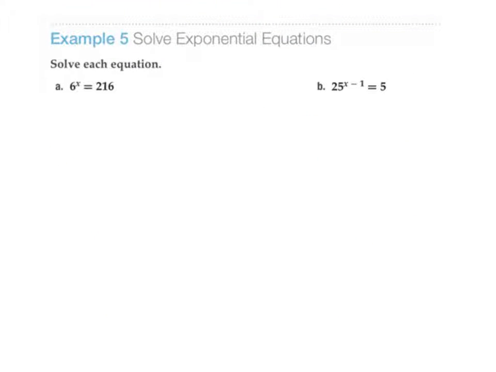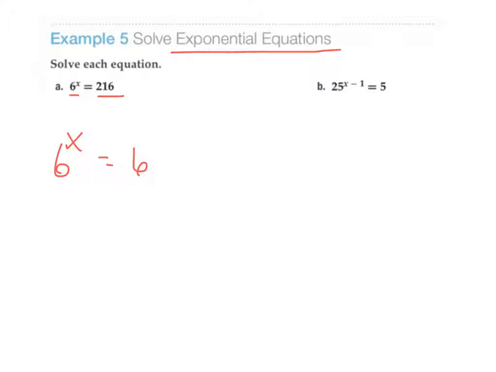The most difficult problems are when we have to solve. To solve these, we need to have the bases be the same. Well, we have 6 to the x power, so 6 is the base. So I need to get 216 into a base of 6. That means I need to take 216, and how many times does 6 multiply to give you 216? Well, 6 times 6 times 6 is 216.